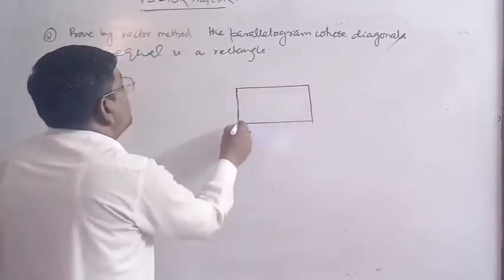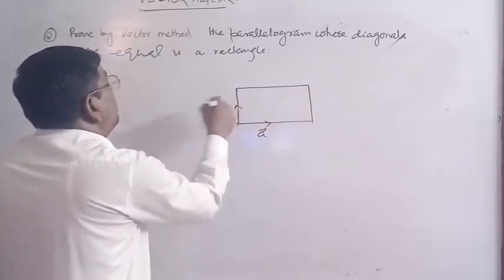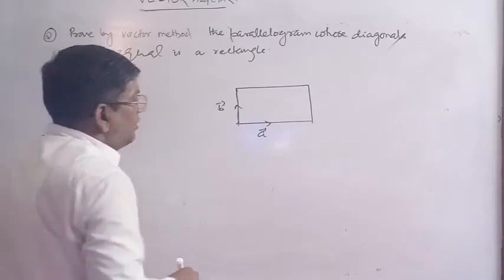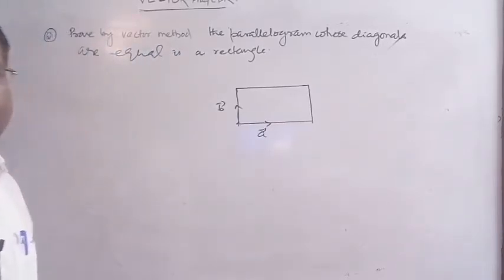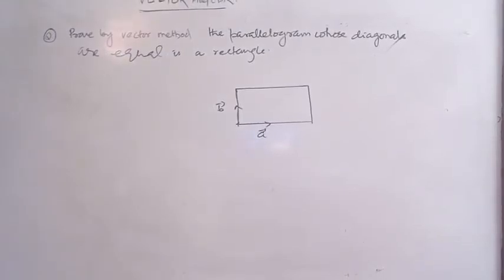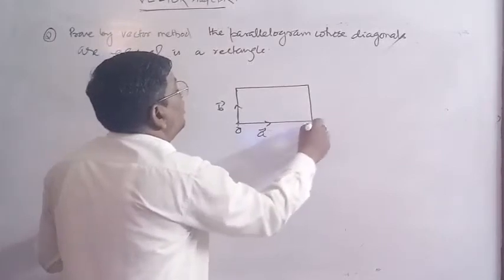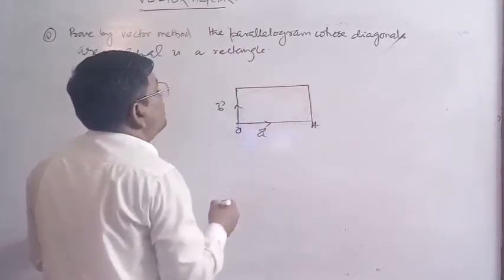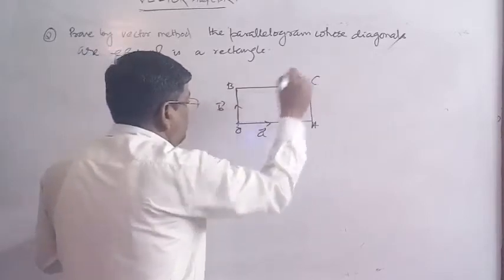Suppose this is vector A and this is vector B. Clear? This is vector A and this is vector B. Now suppose this is OA and this is B and this is C.